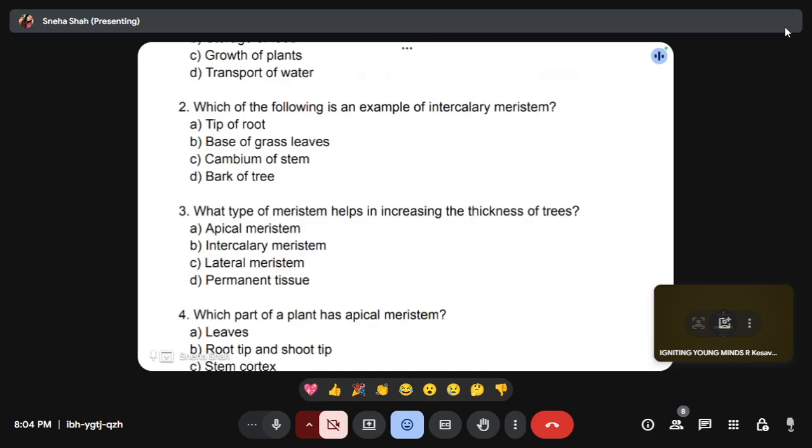Like I said while explaining intercalary meristem, the base of leaves, the end of leaves contain the intercalary meristem because that's where they come out of the branch. The outward growth in any plant is provided by intercalary meristem. Understood? So option B is the answer. Yes, option B is the answer. Okay.